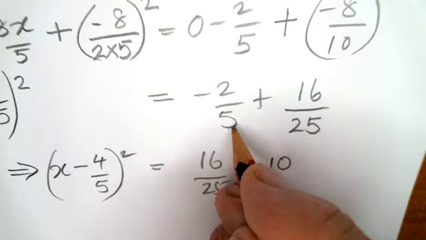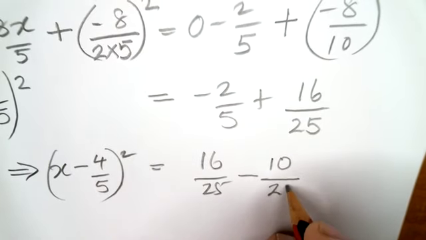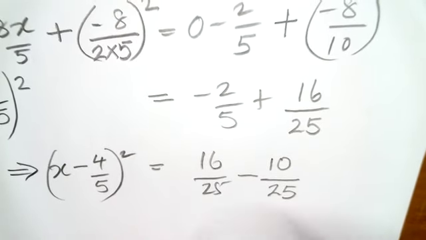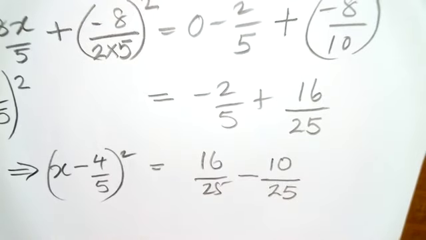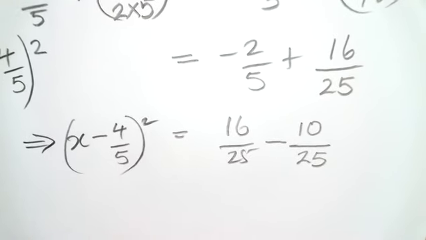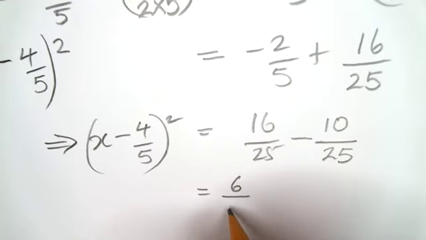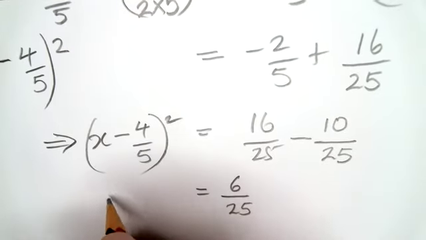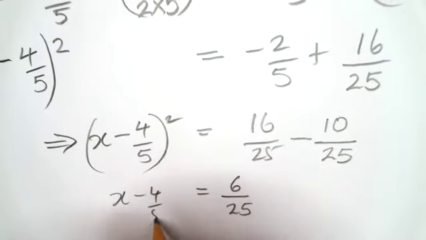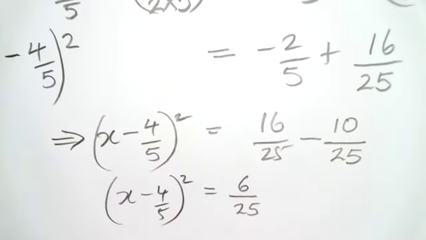If I multiply this by 5, I'm going to get 25. So I get 16/25 minus 10/25, which of course is 6/25. So I've got (x - 4/5) all squared is equal to 6/25.